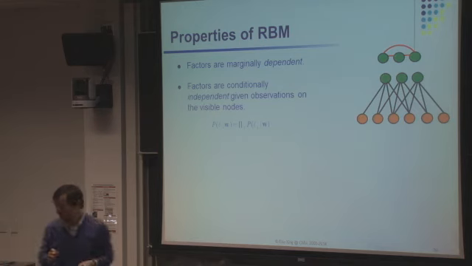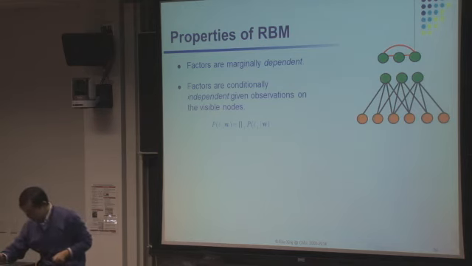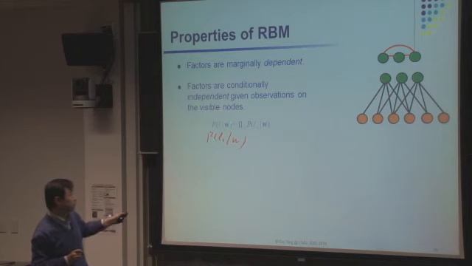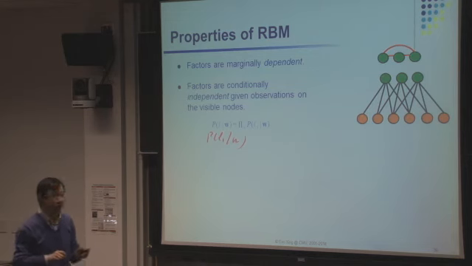And if you want to, for example, do an inference where P of H_i given all the W, that's going to be a very difficult problem, because you have to start from scratch in here and do some marginalization, right? But in this undirected graphical model, which is called RBM, the presence of this actually decouples these two.